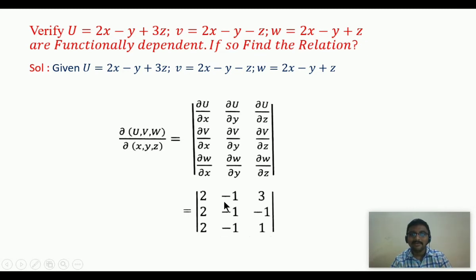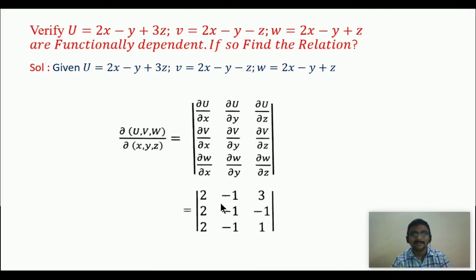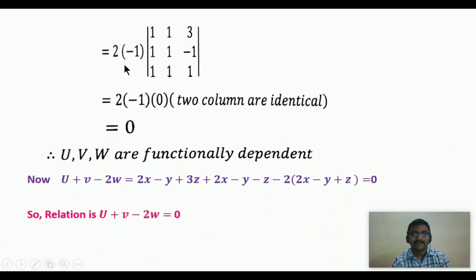Now we have to evaluate this 3 by 3 matrix determinant. For this we just take out the common factor minus 1 and then simplify. So clearly here two columns C1 and C2 are identical. When any two columns or two rows are identical, then the determinant value is 0. So that is 2 into minus 1 into 0 is 0. Thus u, v, w are functionally dependent.